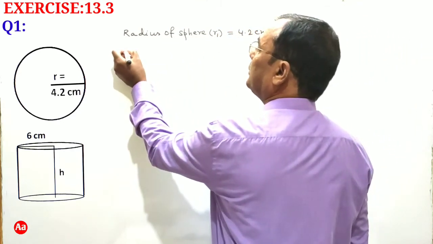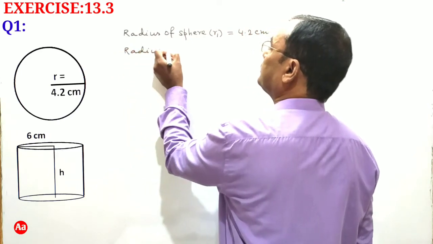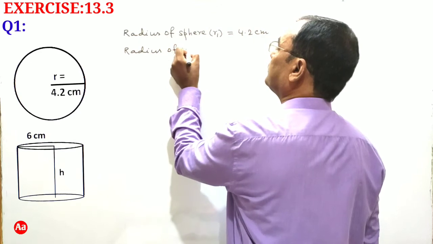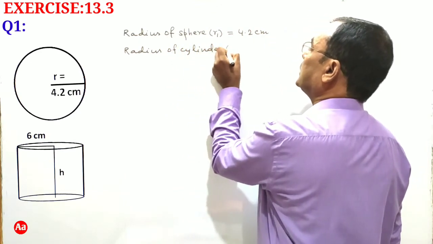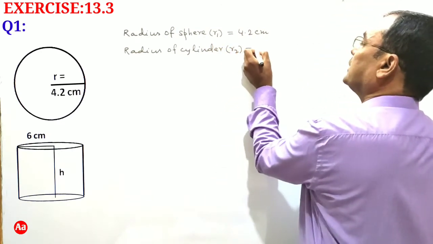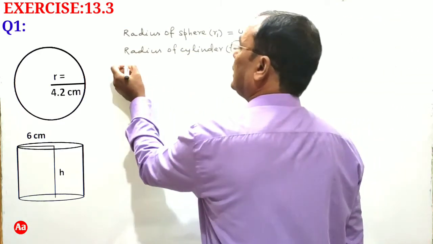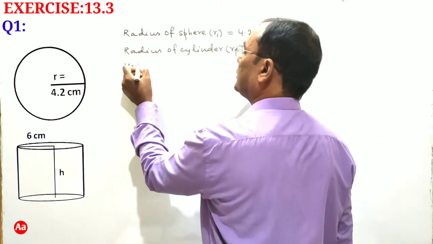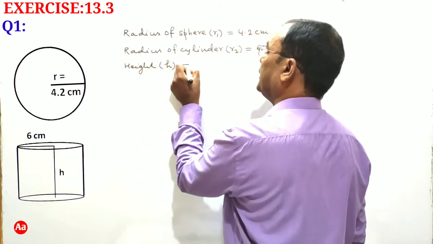And radius of cylinder R2, let's write, which is given 6 centimeter, and height of cylinder H we have to find out.